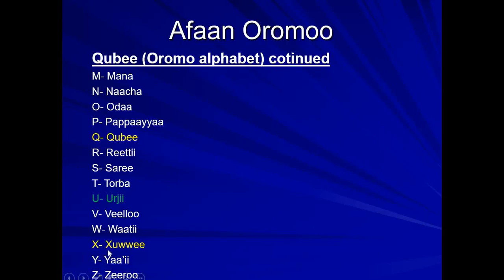And the other different sound is X. We use X for a different sound. It is called ta, ta, ta, ka, ka, ta. This is a very difficult sound you're going to face in pronouncing and practicing them.